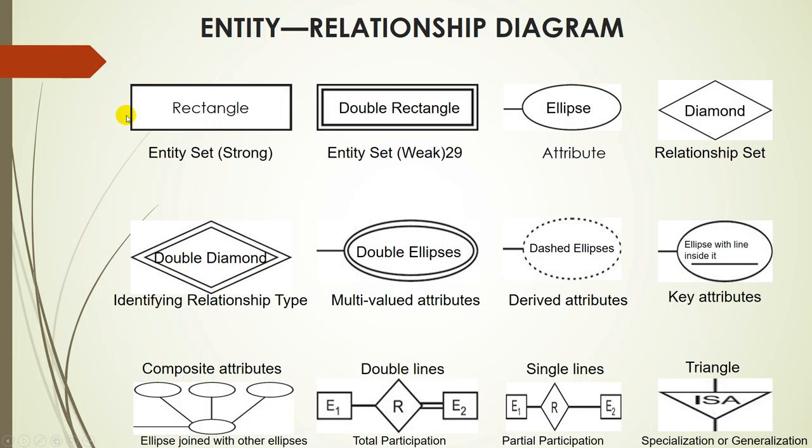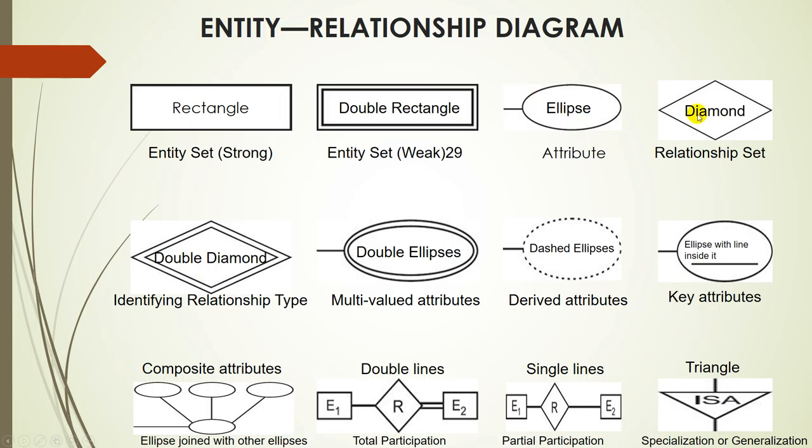We show each entity set, or a strong entity set, with a rectangle. A double rectangle we use for a weak entity set. And an ellipse we use to show attributes, characteristics, or fields.